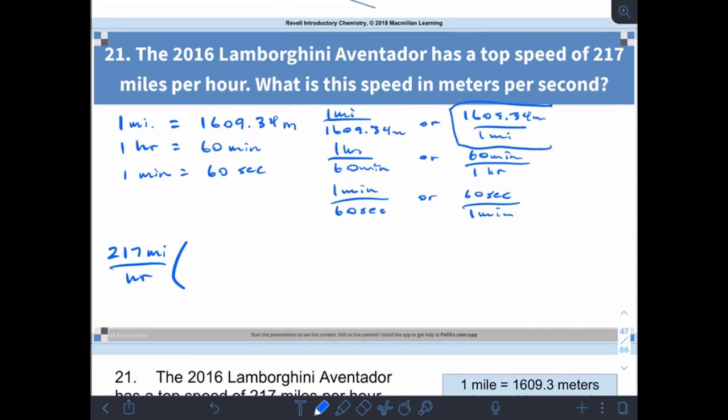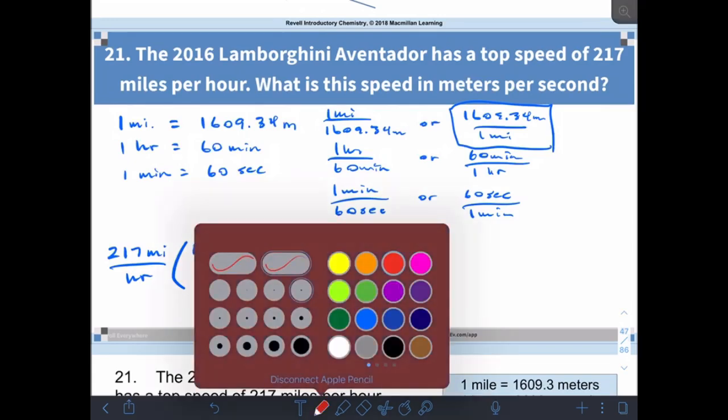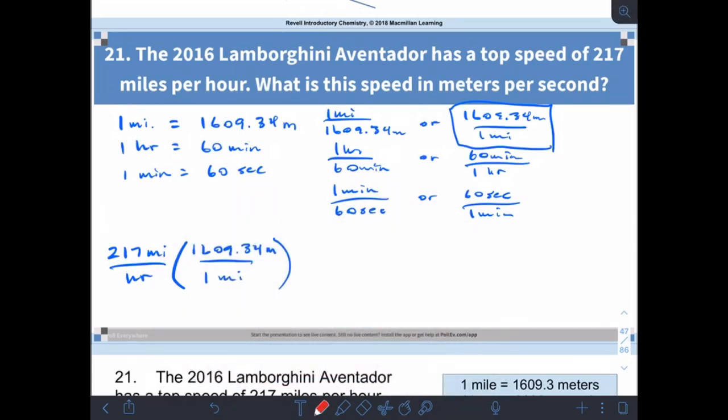So that has that one written all over it. So I can say 1609.34 meters over 1 mile. So the miles will cancel out.